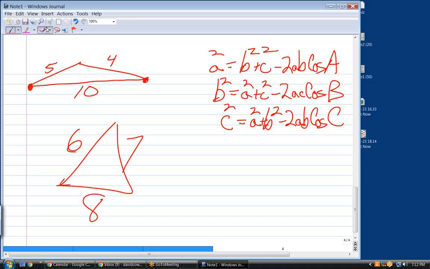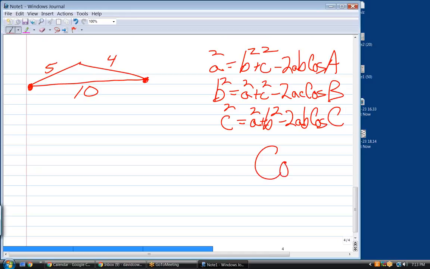Well, if somebody gave you this triangle and said solve it, and you didn't know, they gave you side, side, side, and you go ahead and try applying the law of cosines in order to figure out all the angles here, you'll end up getting a cosine of c that is greater than the number 1, which is impossible. Sines and cosines always have to be between -1 and 1.